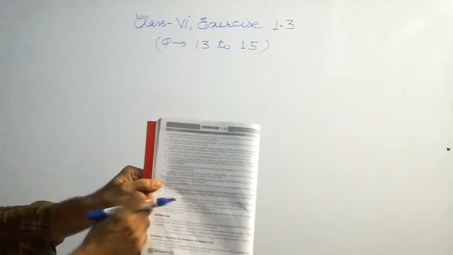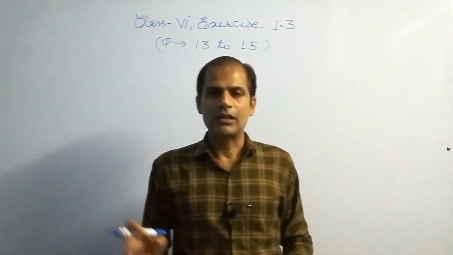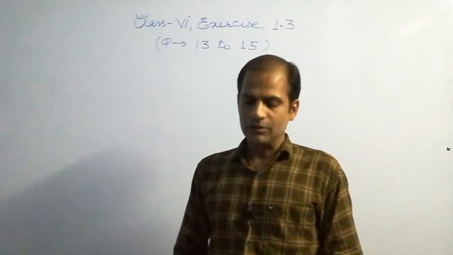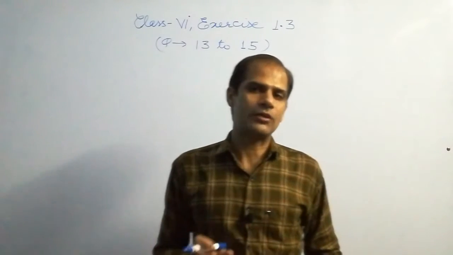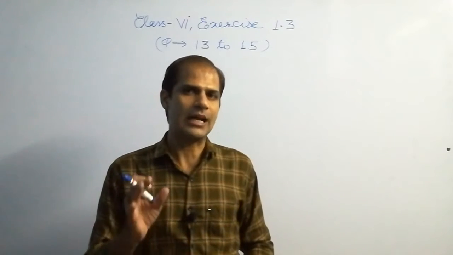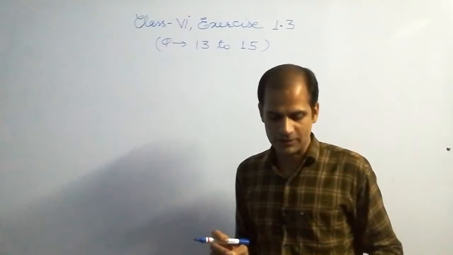These are the last 3 questions. So today in this video we will finish this exercise, and all these questions are related to basic addition, subtraction, multiplication and division, means all about basic arithmetic operations.